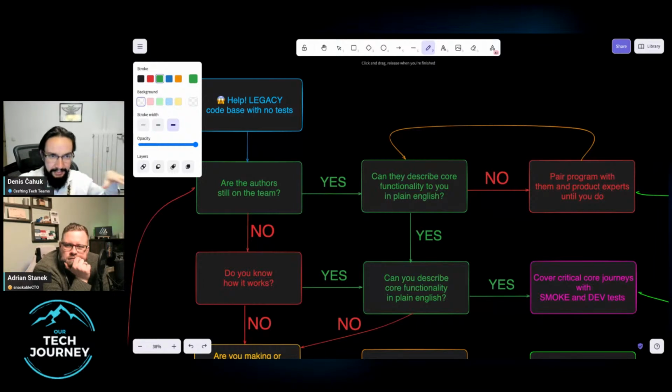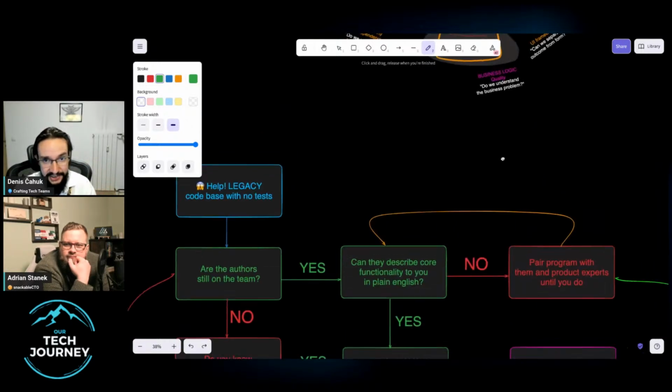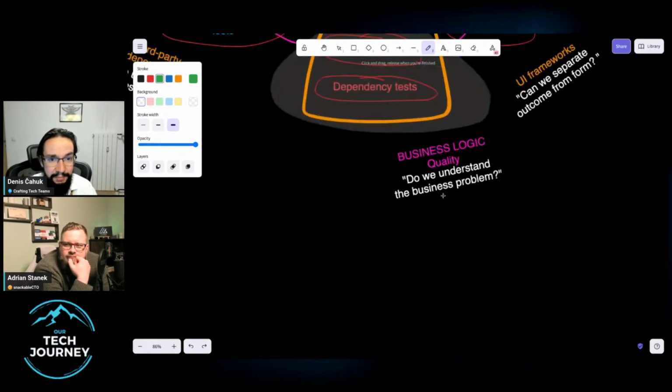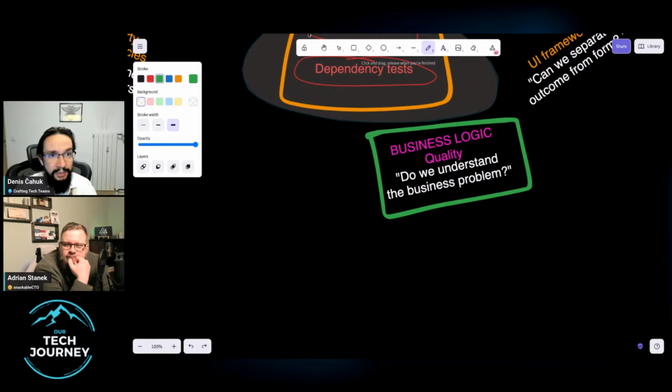So plain English. If they can't describe what the system does in plain English and they are present and you also don't understand what's going on, there's only one solution. You've got to pair program with them or the product experts until you figure out what the system is about, right? Because you can't write any tests until you can express, do we understand the business problem? There's nothing practical you can do if you don't understand the business problem.